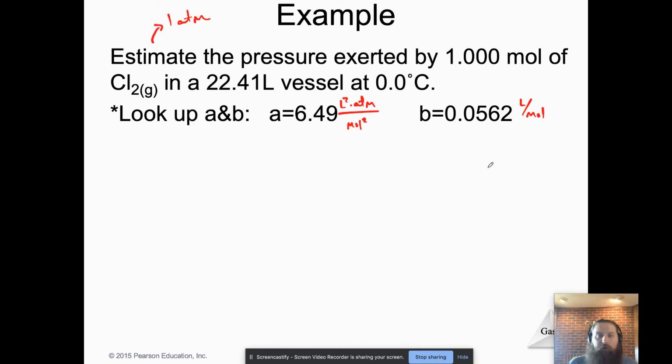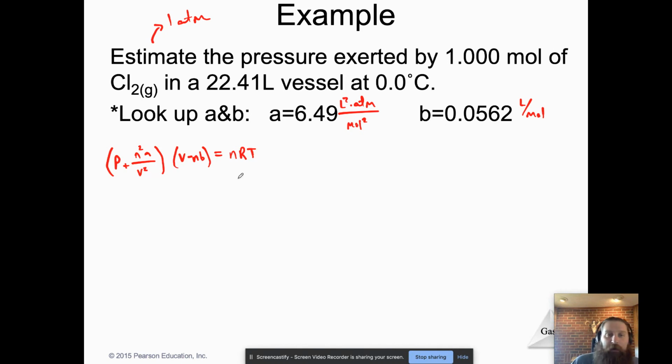So I know my equation: P plus n squared A over V squared, times V minus nB, equals nRT.